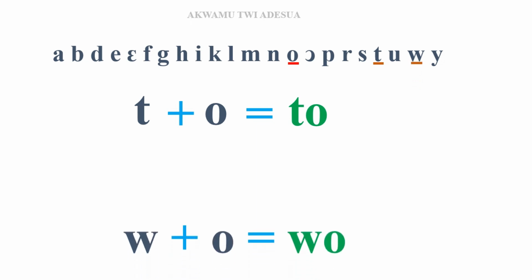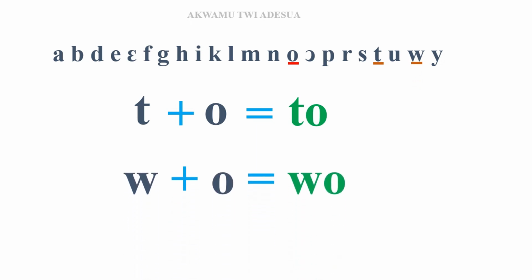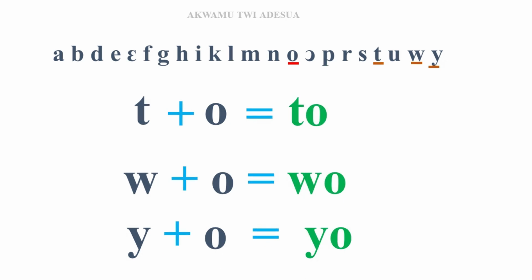W plus O, which is the W, and the O will give us w. J plus O, which is the Y, and the O will give us yo.